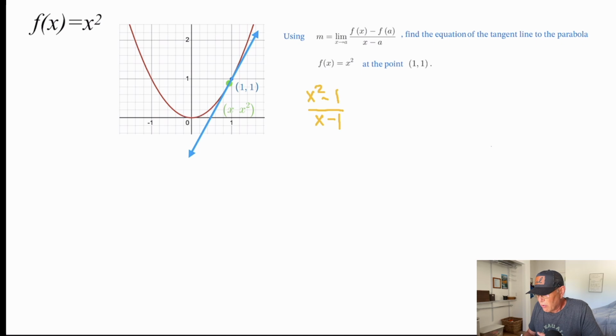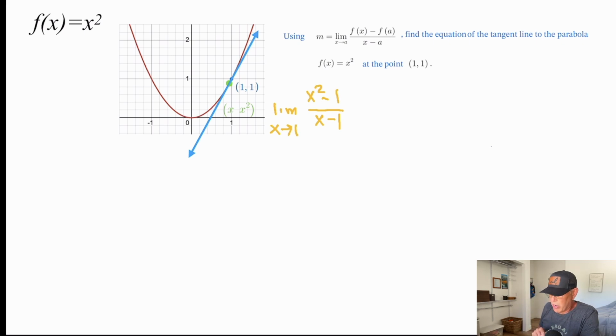Now this limit, as x approaches, what do I want to do here? I want this x right here to get infinitely close to 1.